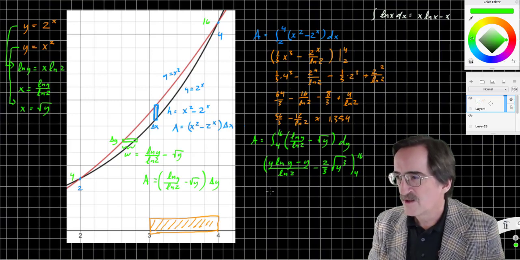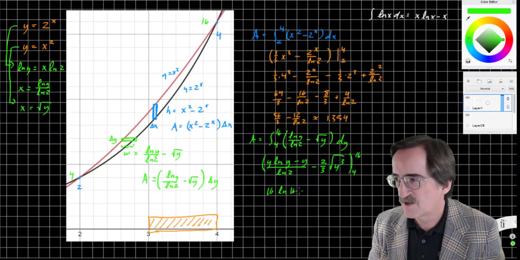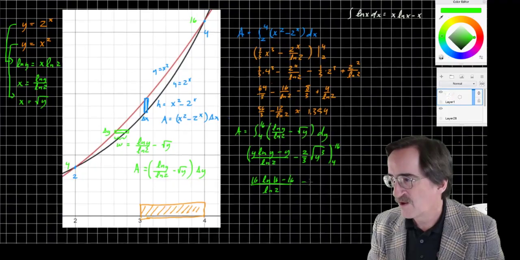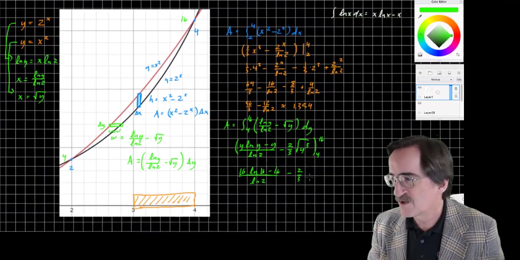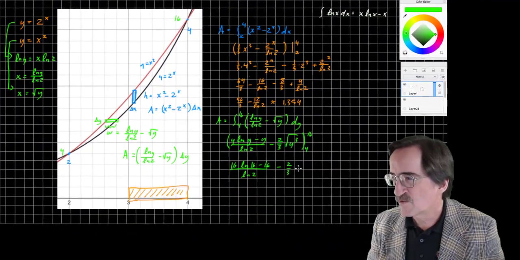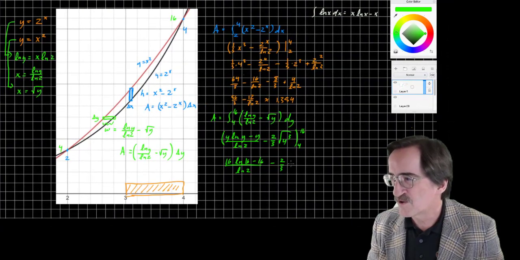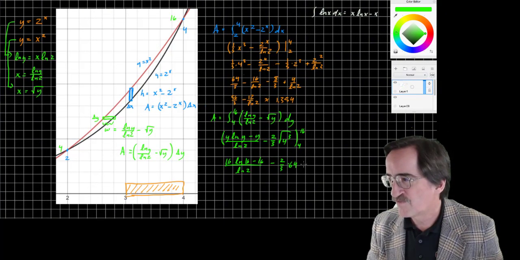Okay, so 16 ln 16 minus 16 over ln 2 minus 2/3. Square root 16 is 4. 4 to the 3rd is 64.